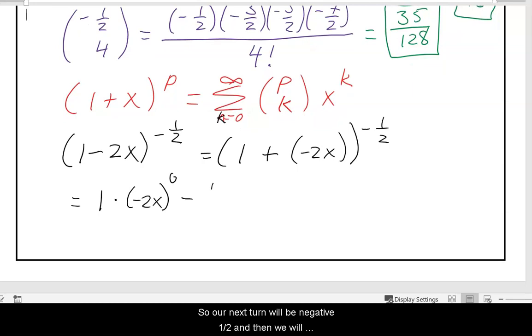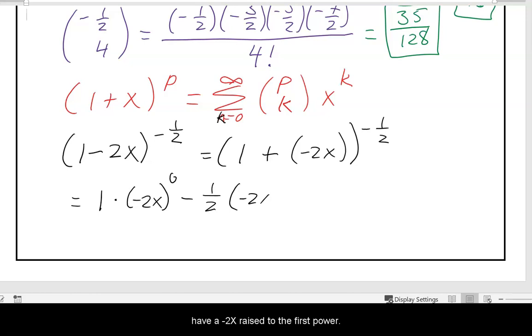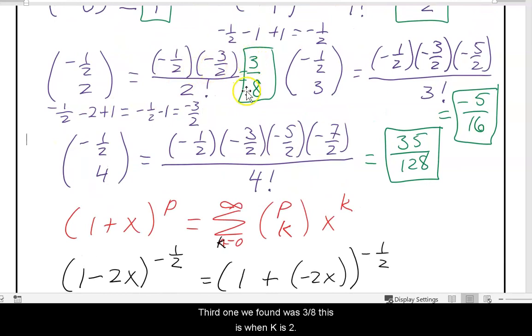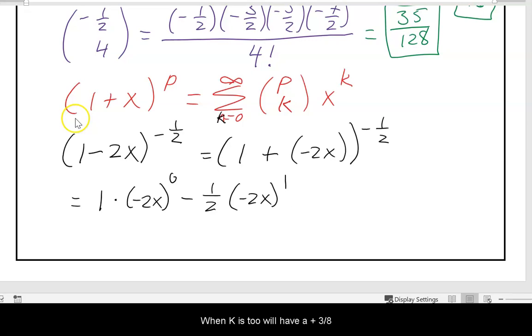So our next term will be negative 1/2, and then we will have the negative 2x raised to the first power. The third one we found was 3/8. This is when k is 2. When k is 2, we'll have a plus 3/8 times negative 2x raised to the second power.